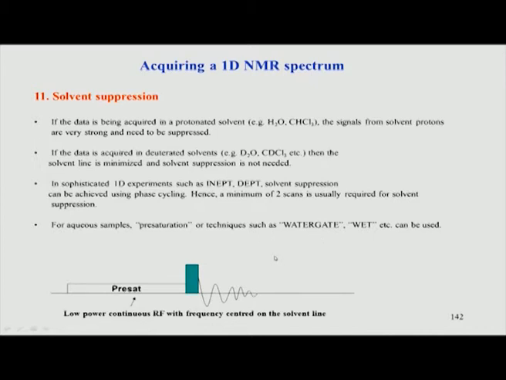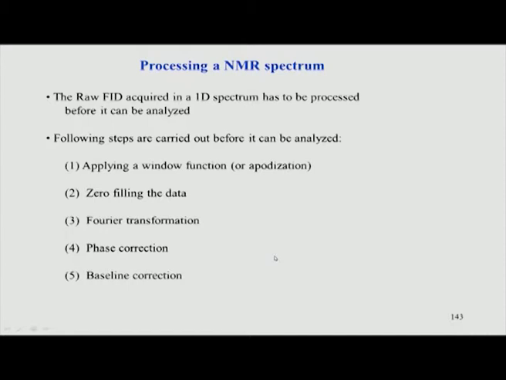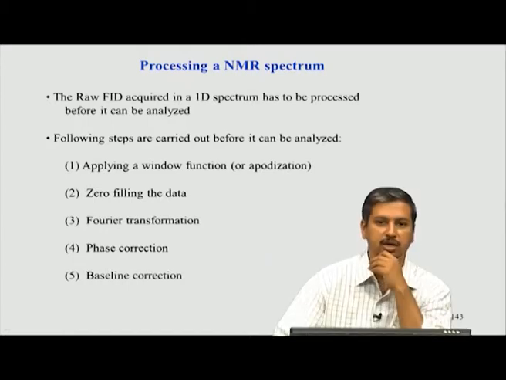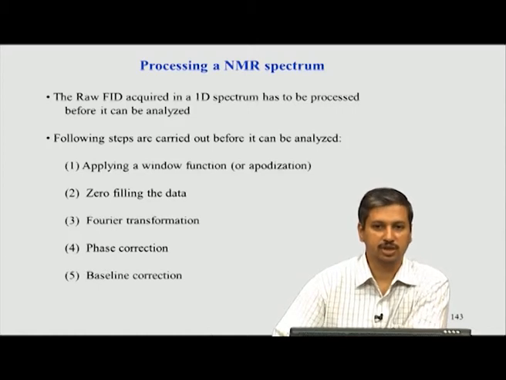So, once the NMR data is recorded, the next step is to do what is called processing the data. Remember what data comes out in NMR is called FID, and FID is basically the raw data which is recorded physically by the spectrometer, but that is not the spectrum. The spectrum still has to be obtained by massaging the raw data, and the raw data is massaged by doing many things, then it is converted into a spectrum by Fourier transform.